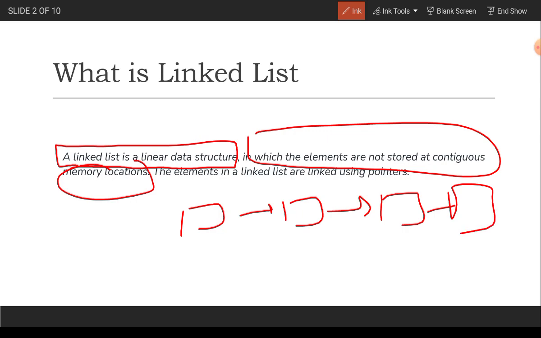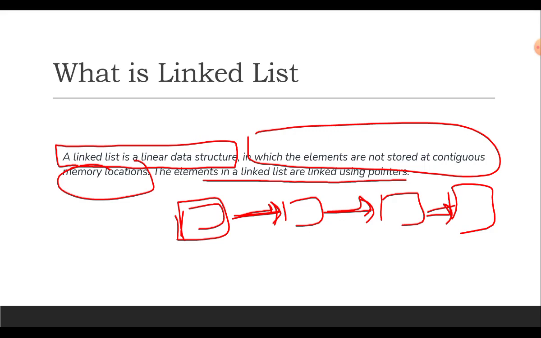In the case of an array, the elements are stored in continuous memory locations, but in a linked list they are not, and the elements are linked using pointers. Each element is linked to the next by pointers. These arrows here are the pointers. So up to now we are clear.